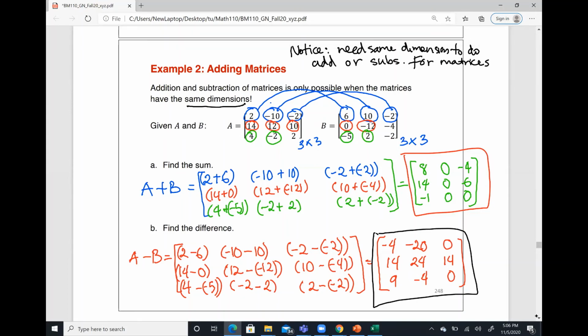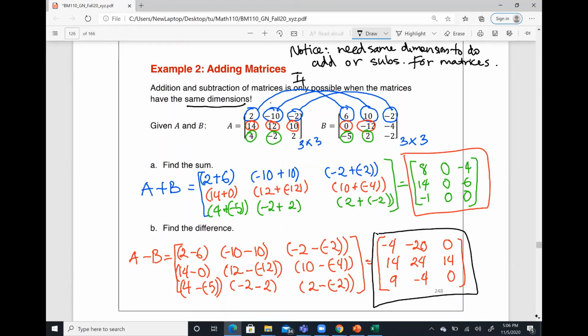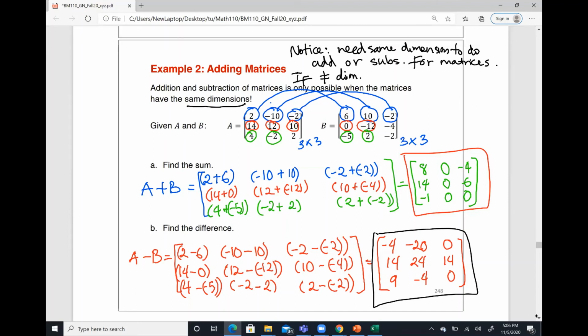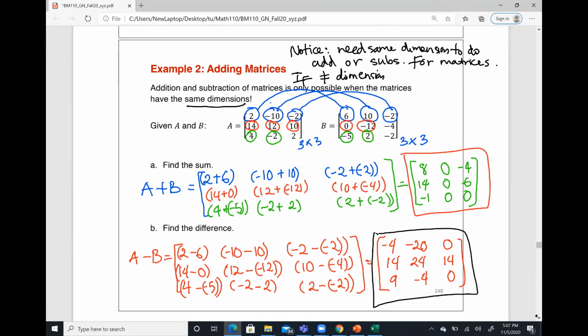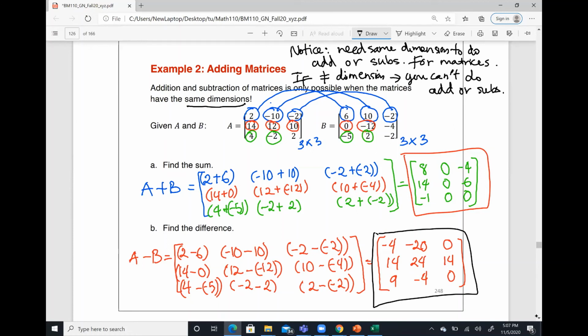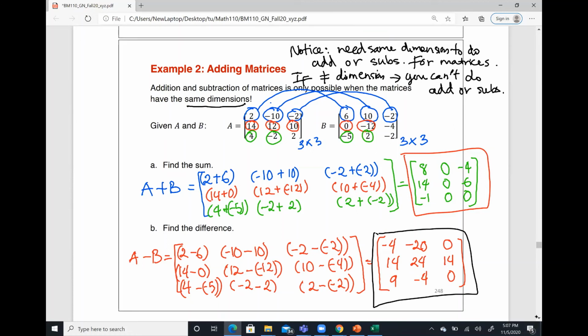If you have different dimensions, then you cannot do it. Okay, so now let's move down.